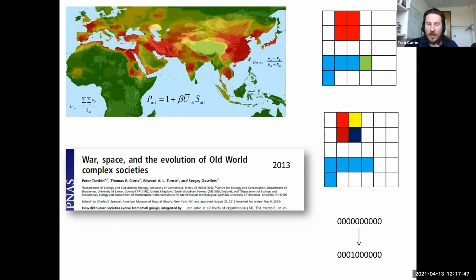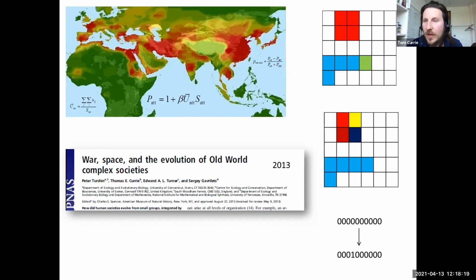Then we can see the emergence of larger-scale societies, these multi-group polities, shown there in red and blue. Going from the top grid to the bottom grid represents a different time step. You can see that the blue polity has fought with the green one, and it's bigger, so it's won the battle and incorporated it.